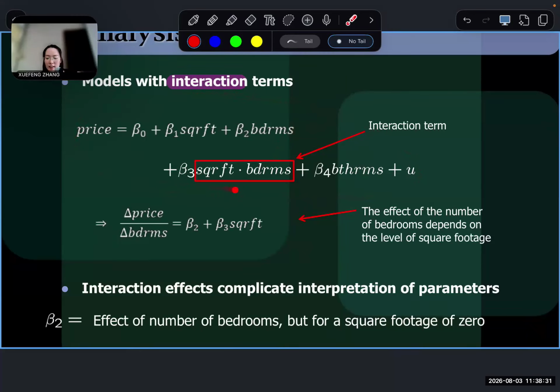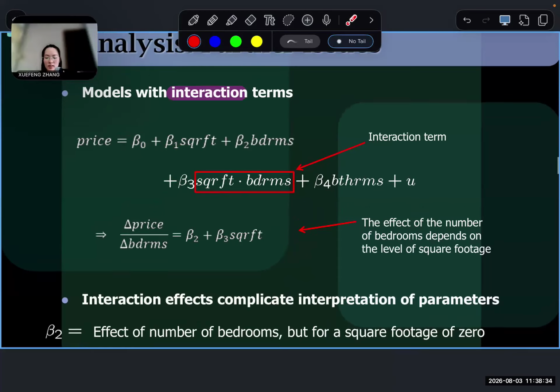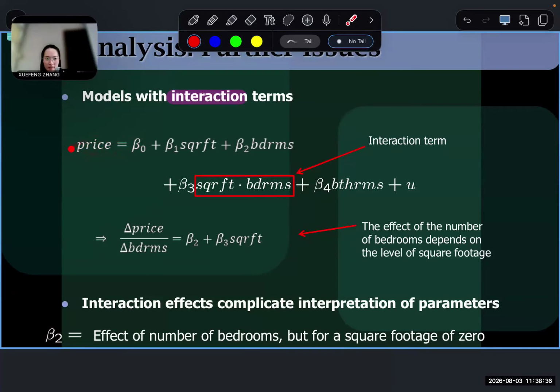Look at here, this is our regression. Here we have a new variable, which is square feet times bedrooms. This is the interaction term.